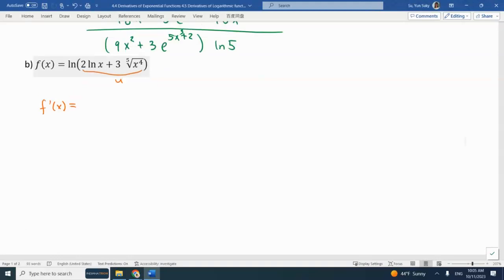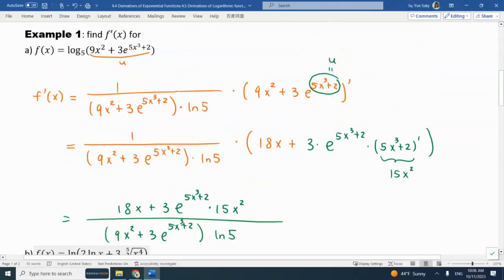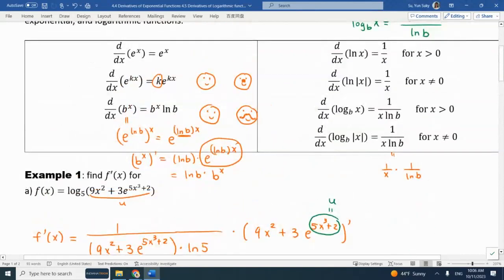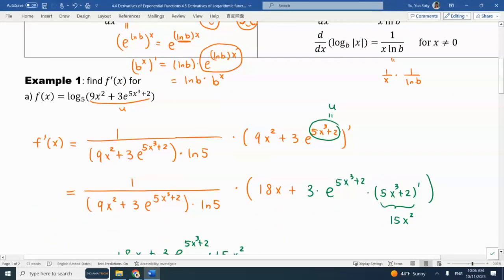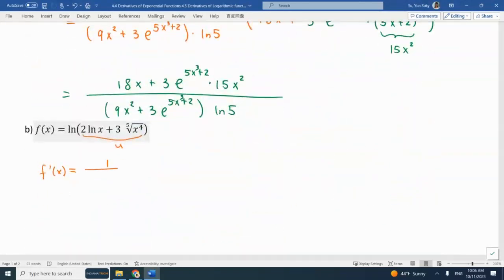It's 1 over u times u prime. Same rule: whatever the formula is, you multiply by u prime at the end. Even though we say u, we actually write down what the u is.